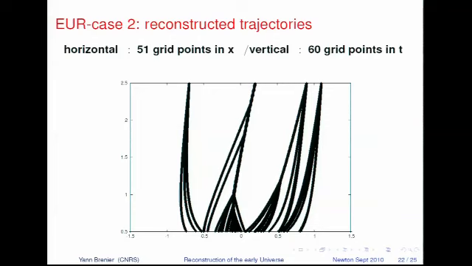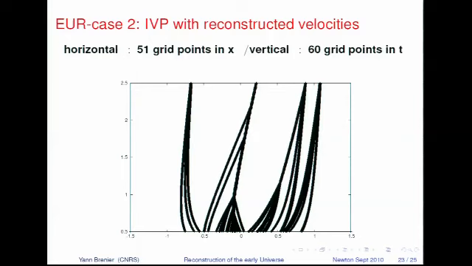So you get some curvature like this of the curves. And this makes sense. And once again, this is a case where you can reconstruct the trajectories knowing the final density and the initial density. And when you run the initial value problem, you get more or less the same. So the reconstructed velocity is fine to get the solution.